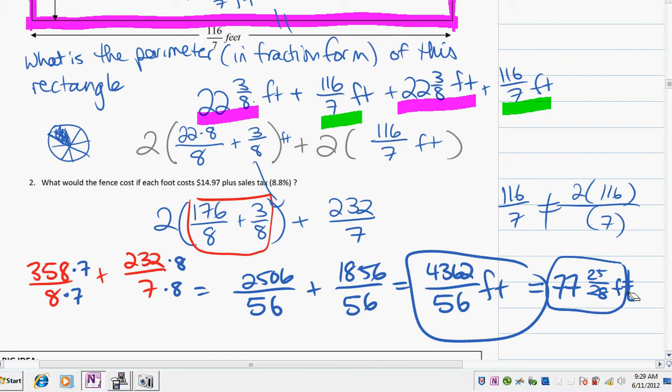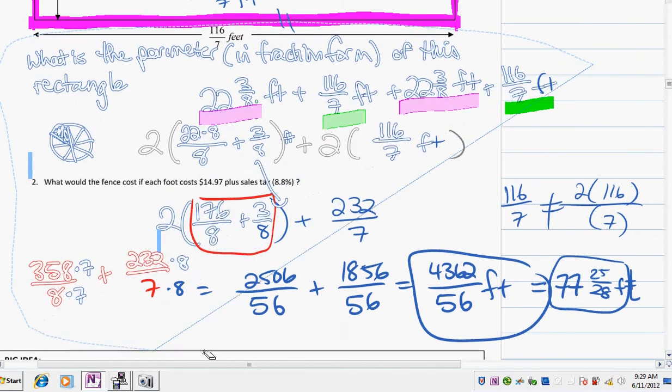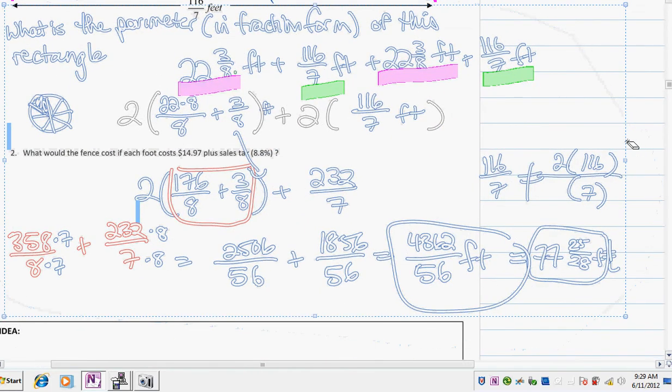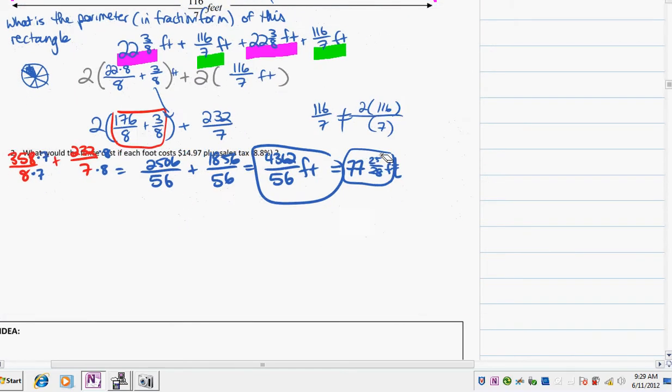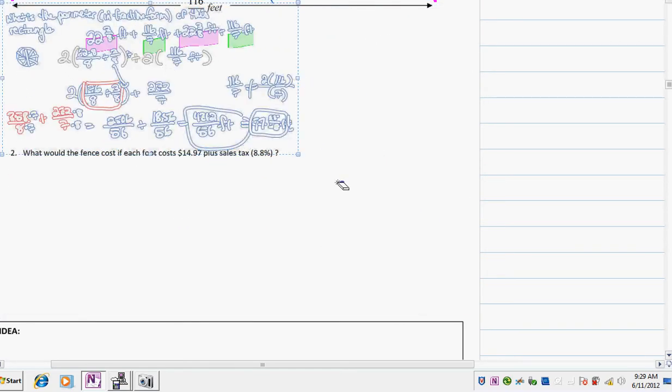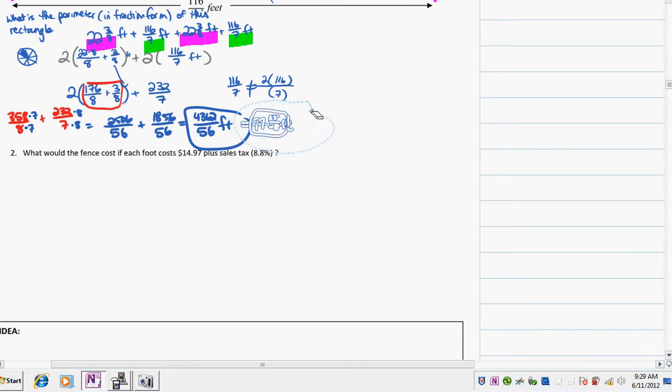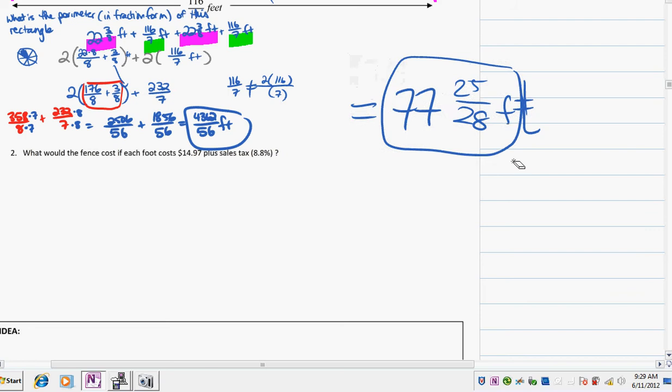But we're not done yet. So let me shrink this down and see if we can finish the problem, because we haven't answered all the questions yet. 77, 25/28 feet. Let me move that over here so we can use it. Blow it up. Okay. If each foot costs $14.97 plus sales tax, how much would the fence cost?